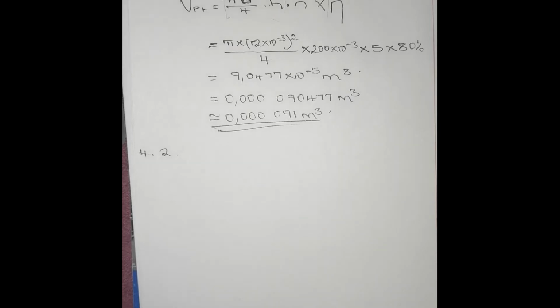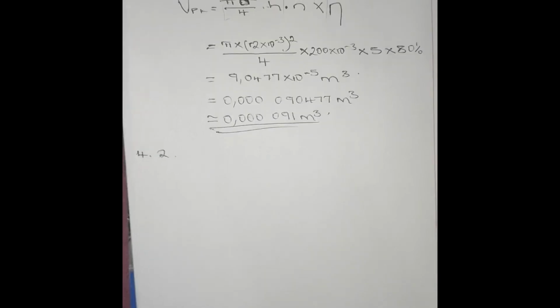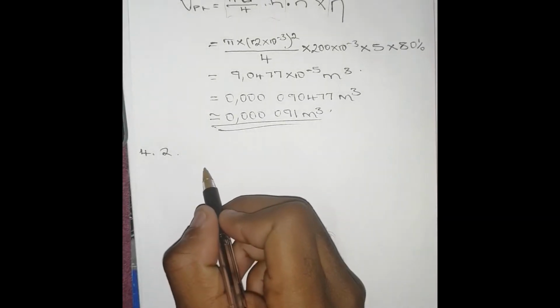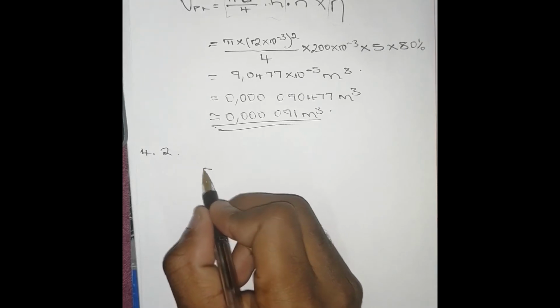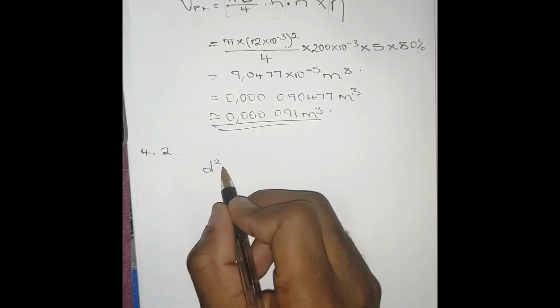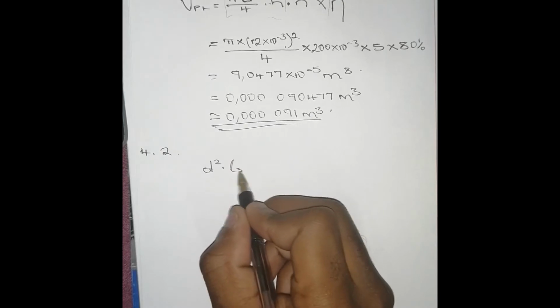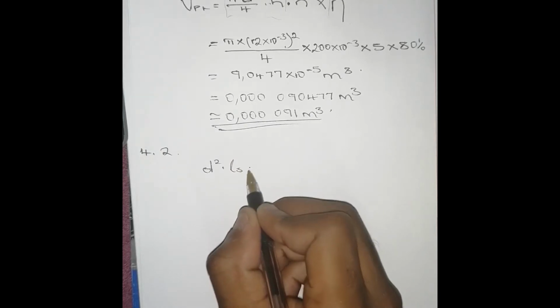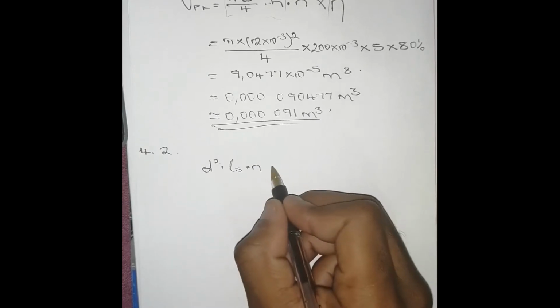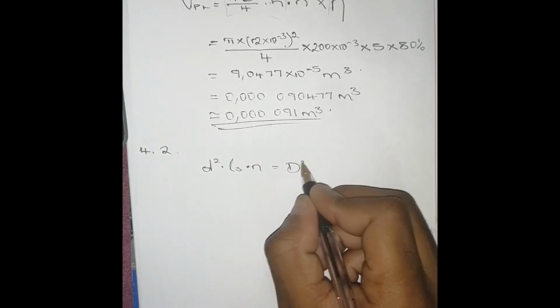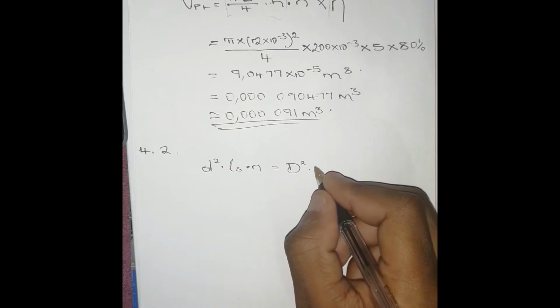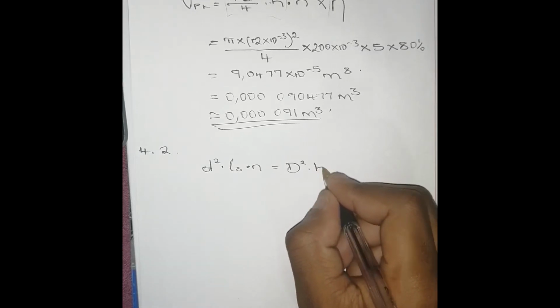Then we go to our formula sheet and check the formula that we can use, and if we do that, we find that we can use the formula which says diameter of plunger squared times the stroke length times the number of strokes equals the diameter of ram squared times the displacement of the ram. Let's say it's h.